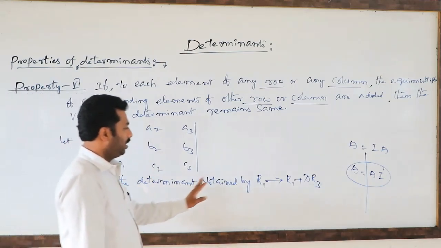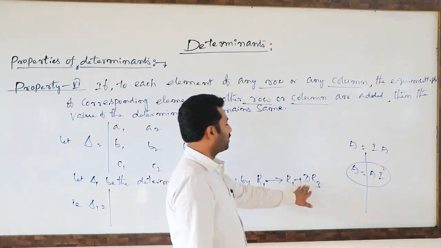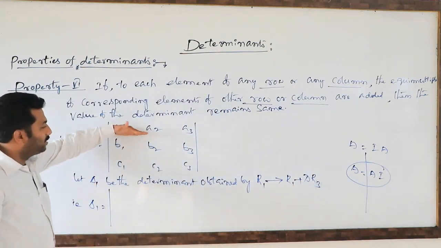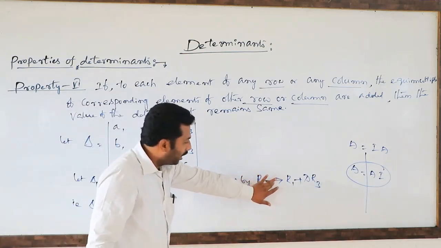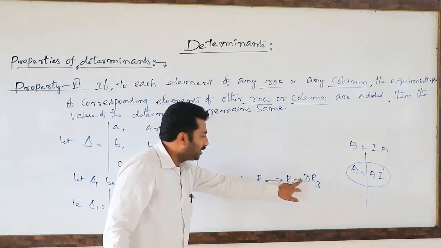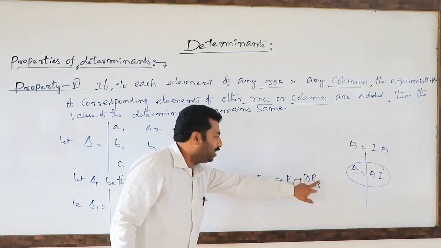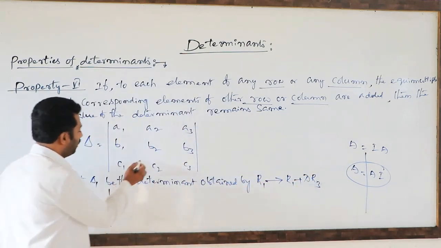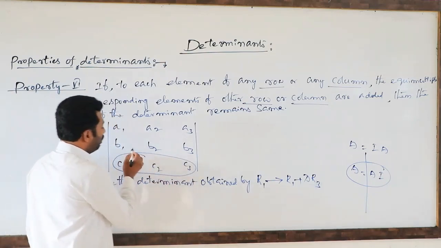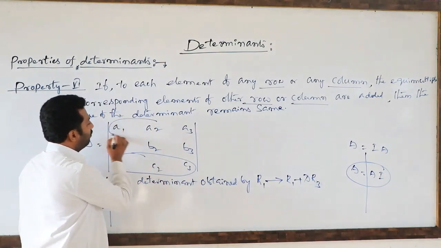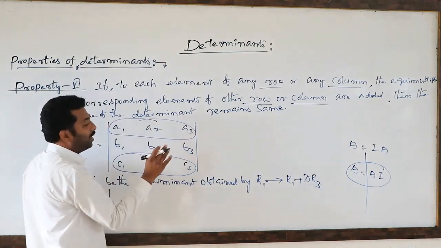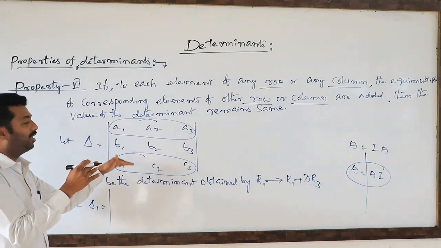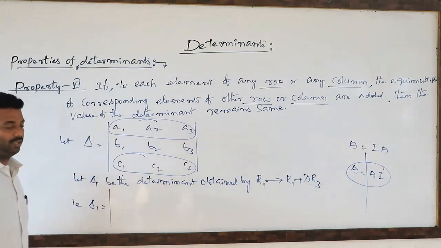So you observe, R1 changes to R1 plus lambda into R3. Now the R1 elements can be written as R1 plus the corresponding lambda times the R3 elements. What are the R3 elements? These are the R3 elements. So all R1 elements can be written as the sum of the R1 elements and lambda times the corresponding R3 elements.